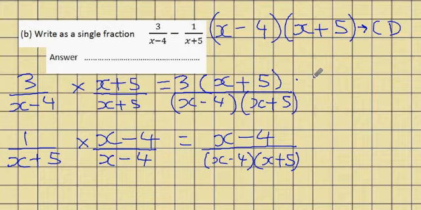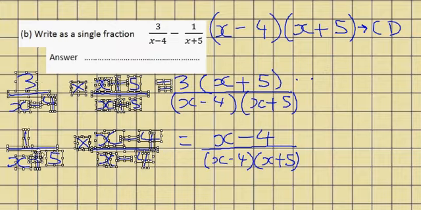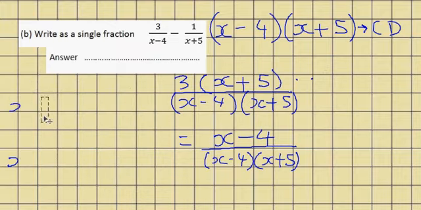Now let's work out this numerator, and we'll then subtract the second fraction from the first one. In fact, I'll remove the working out stage so we have space, and I'll put these two fractions together.